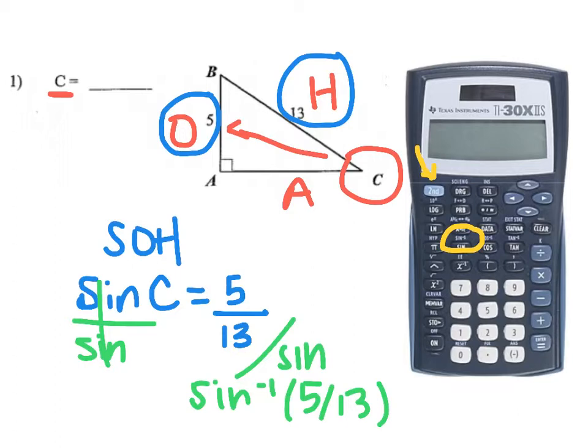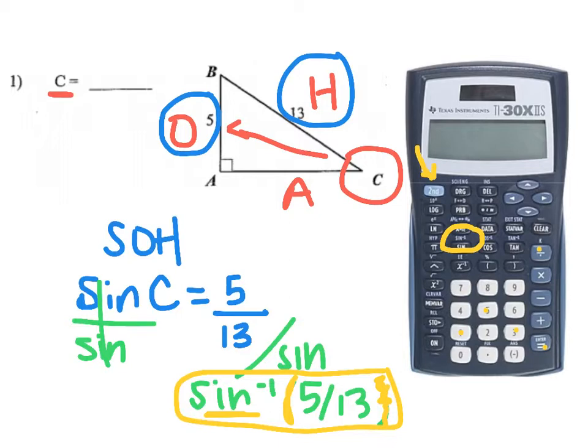So if you hit second sine and then 5 divided by 13 equals, in the calculator it will look like this, except without that closed parenthesis unless you close it yourself. If you hit second sine, this little negative sign will pop up. It will open a parenthesis, and then 5 divided by 13 equals, and that will give you your answer. That will tell you what the angle measure is.